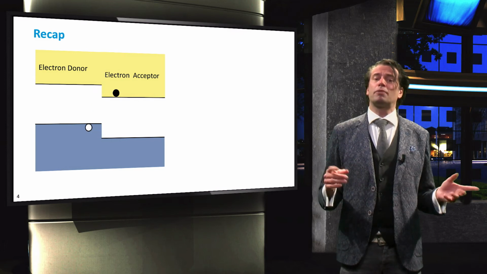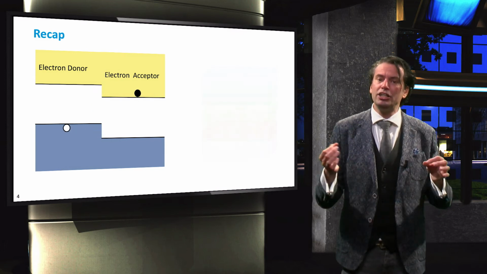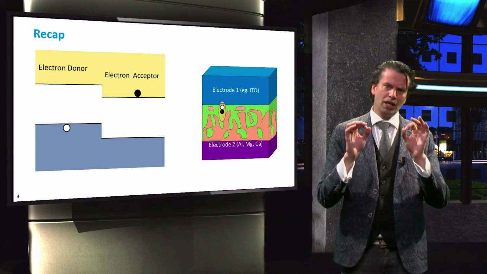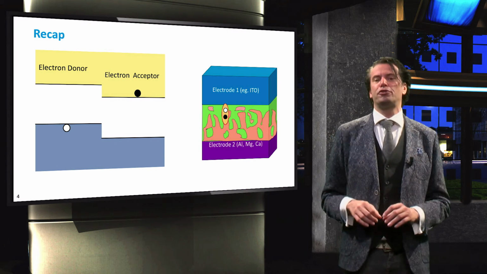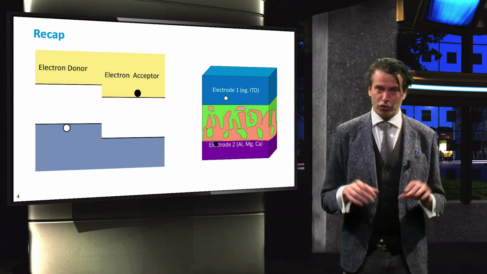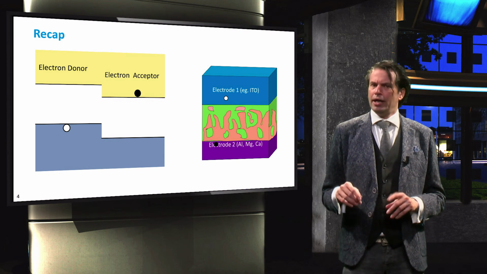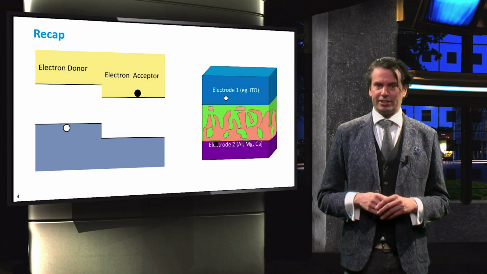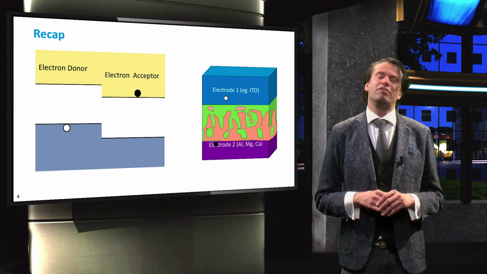Finally, we discussed the concept of bulk heterojunctions to deal with the very small diffusion lengths in organic materials. We have now covered all the fundamental concepts behind the working mechanisms of organic photovoltaic solar cells. In the remaining videos of this section, we will discuss the various existing commercial organic PV technologies.